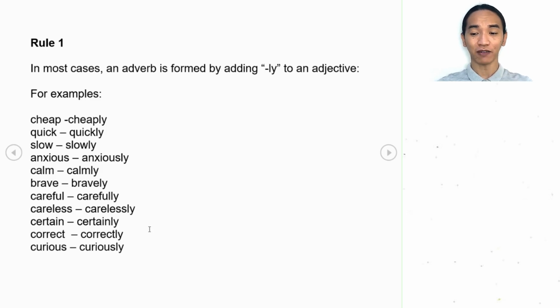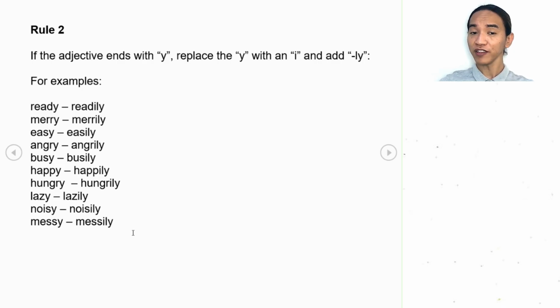Okay? Now, for rule number 2, if the adjective ends with y, replace the y with an i and then add ly. So I think this is not an unusual rule because we already studied this kind of rule from our adjectives, okay?